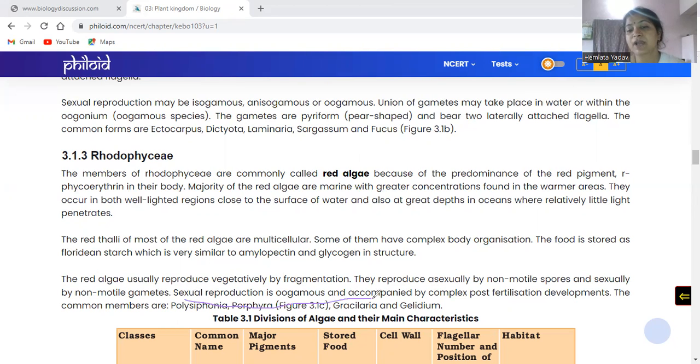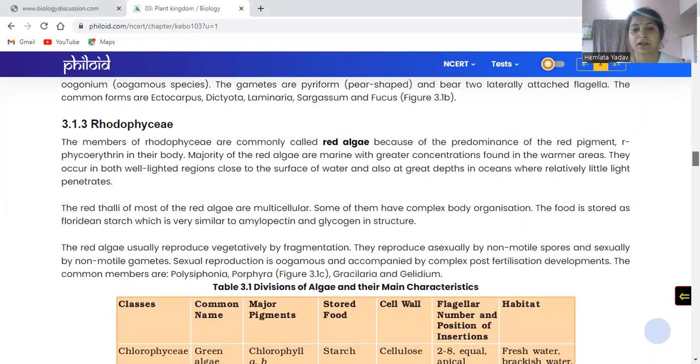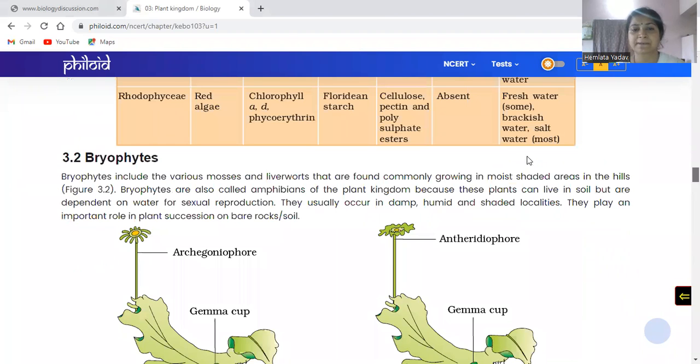Sexual reproduction is oogamous and accompanied by complex post-fertilization developments. Common members are Polysiphonia, Porphyra, Gracilaria, Gelidium, out of which the Polysiphonia image is shown in the figure, which I have shown previously.